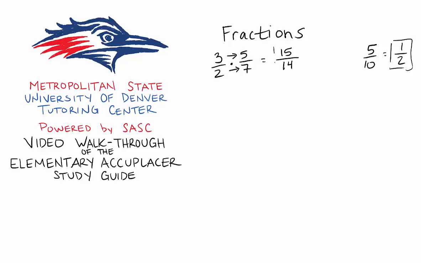Now in our answer, you can see that we came up with 15 over 14. And that is the final answer that we're going to see. Some people might say, well, that's the same thing as 1 and 1/14. And that's true, and you may see that in places, but on this test you're never going to see that. It's always going to be left as an improper fraction, which is what this is right here. This right here is called a mixed fraction.